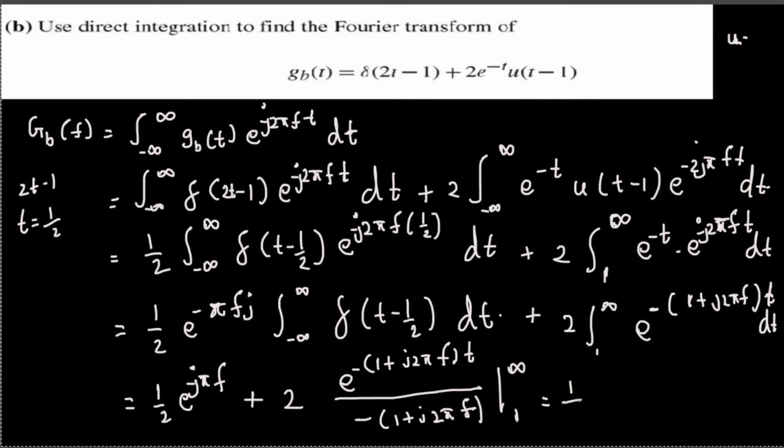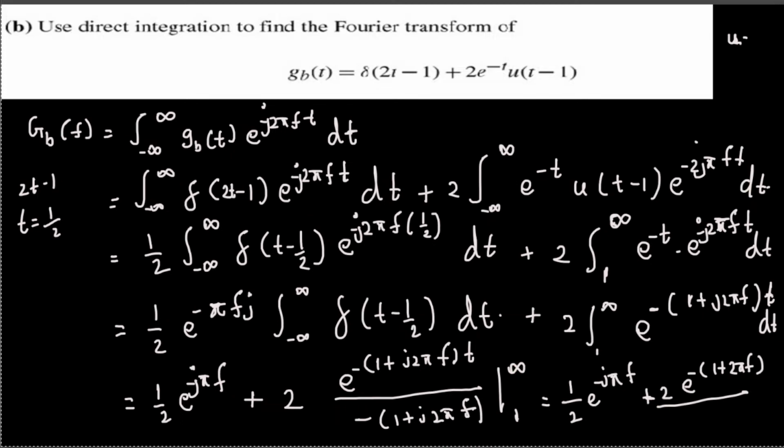So finally we are going to have half e power minus j5f plus 2, then we are going to have e power minus 1 plus j2pi f and multiply by 1, so it's going to be like this, and divided by, this is going to turn into positive because of the subtraction we have when we subtract upper limit minus lower limit.